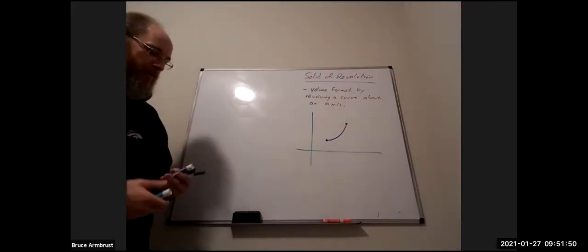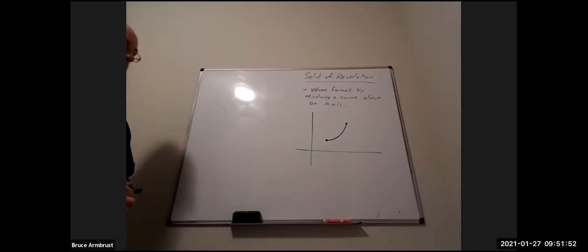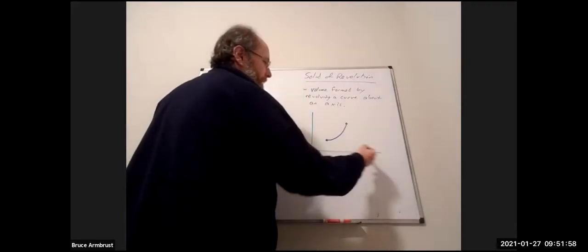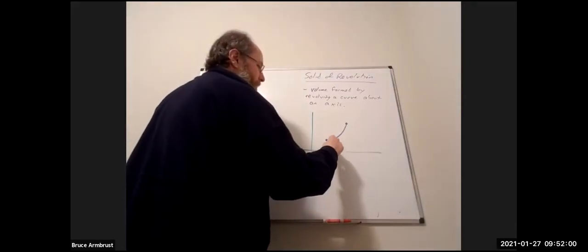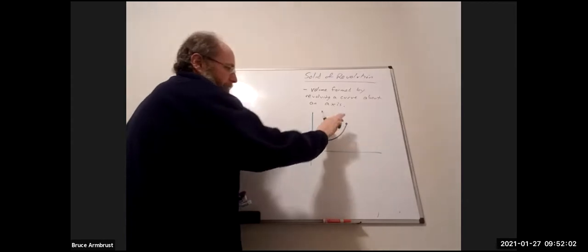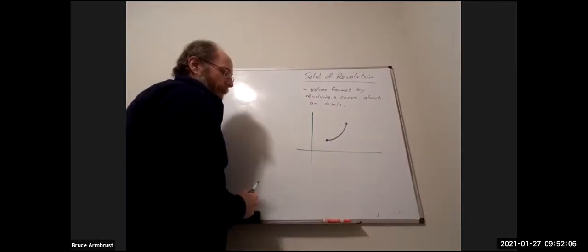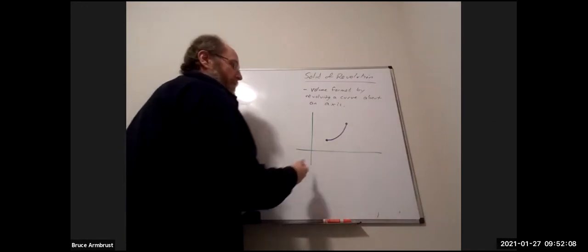So there's some sort of curve, and we're going to spin it around an axis. We can do this in lots of different ways, but let's start by spinning it around the x-axis. So if I were to take this and rotate it around, let's think about what this would look like.